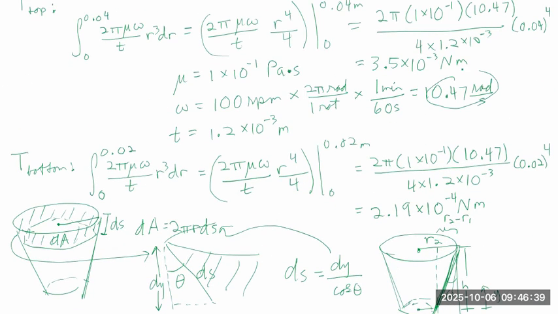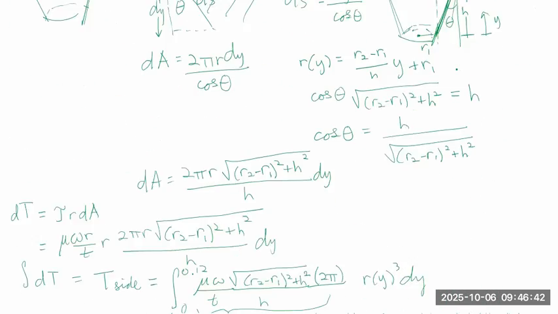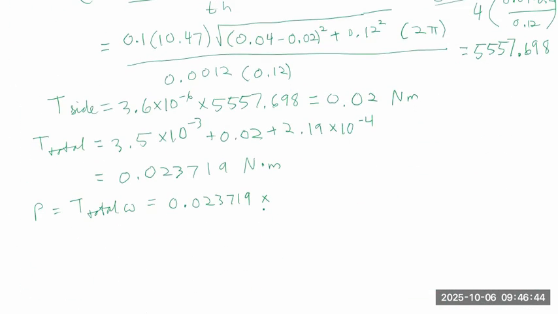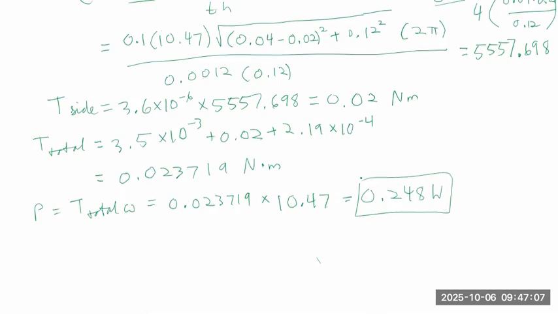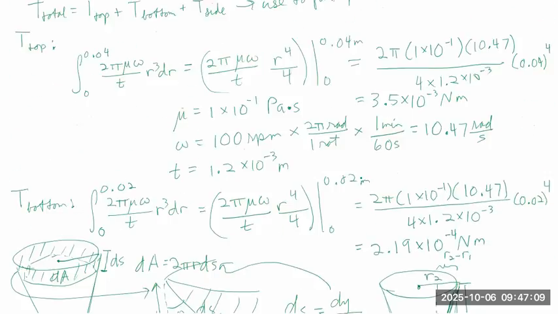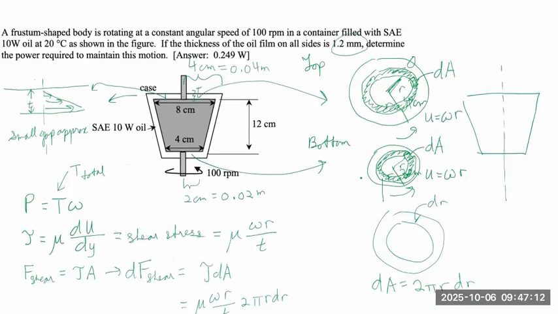So 10.47 radians per second. And it's equal to 0.248 watts. And this matches indeed our given answer or our expected answer at the beginning.